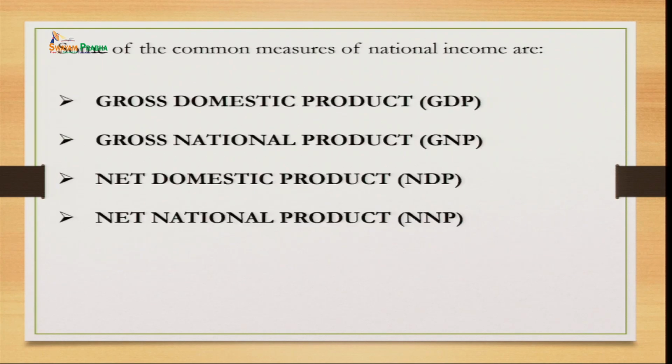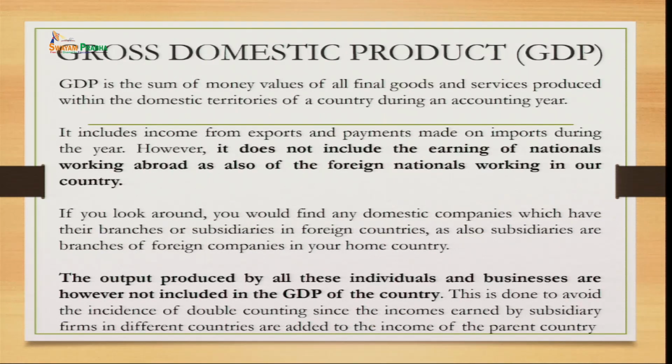Now, moving further, we have these measures of calculating national income, right. What are the criteria which are taken into consideration for the calculation of national income? These are 4 measures: GDP, GNP, NDP and NNP. Now, what is GDP? GDP is usually called gross domestic product, right. Gross domestic product is the money value of final goods and services produced within the domestic territory.